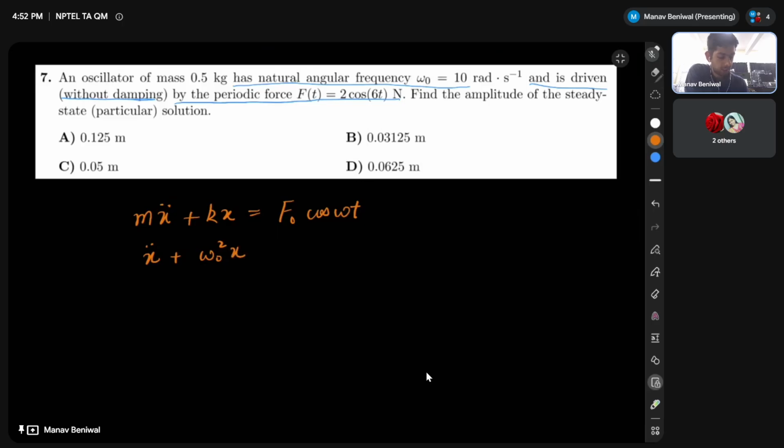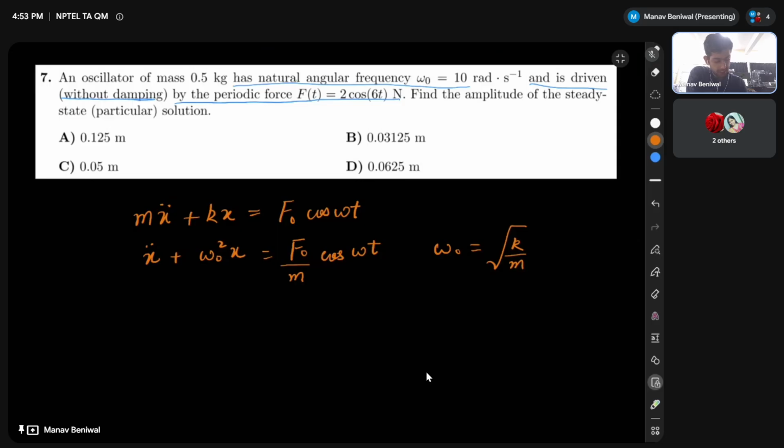This omega naught is the natural angular frequency, and omega is the frequency with which this periodic force is acting upon our oscillator. Okay, so omega naught and omega are different. Omega naught is the natural frequency, which is given simply by the square root of k over m, and omega is the driving frequency.